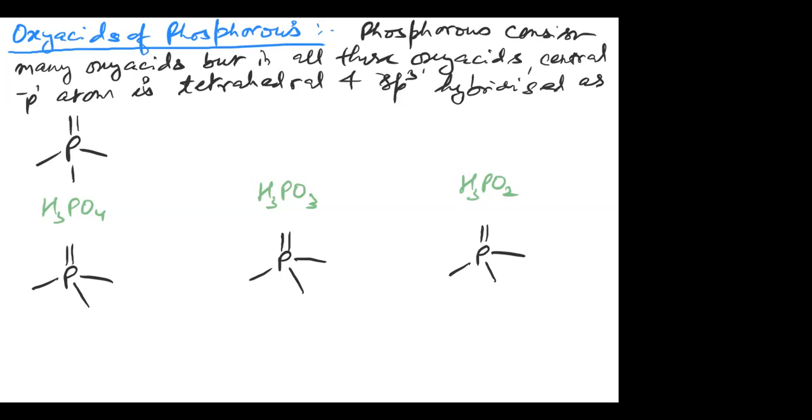In the case of H3PO4, obviously we have oxygen, oxygen, oxygen, and oxygen atoms here, with hydrogen atoms on the oxygens. So it may be OH, OH, and OH, and another OH here. So H3PO4, another is H3PO3, and another is H3PO2.